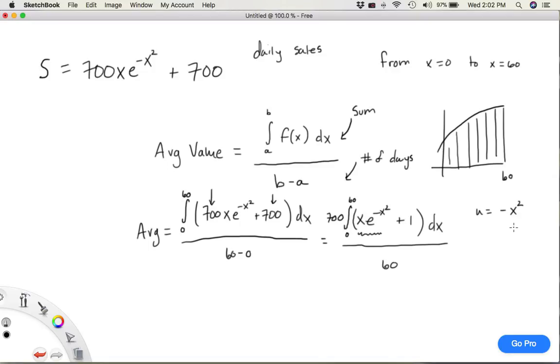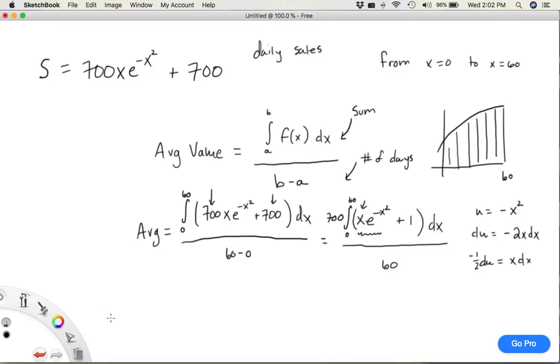Right? We know how to integrate e to the x, but we don't know how to integrate e to the negative x squared. So that's a good hint. Anyways, that's going to make du equal to negative 2x dx. And the x is right here, so we're going to just divide by negative 2, and you get negative 1/2 of du is equal to x dx.